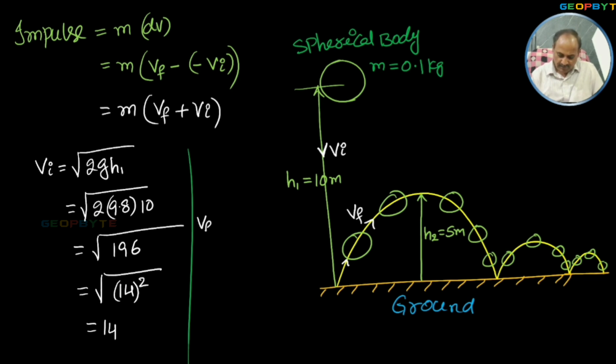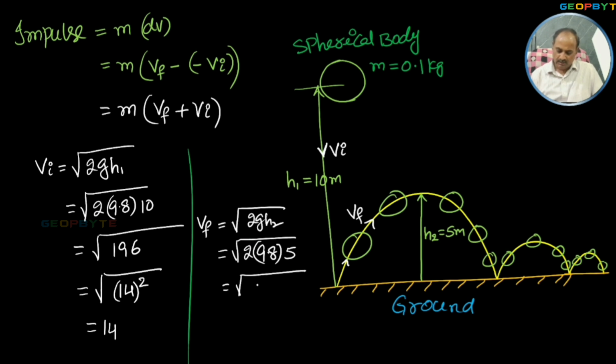The final velocity equals root over 2g h2, which is root over 2 into 9.8 into 5, that is root over 98.